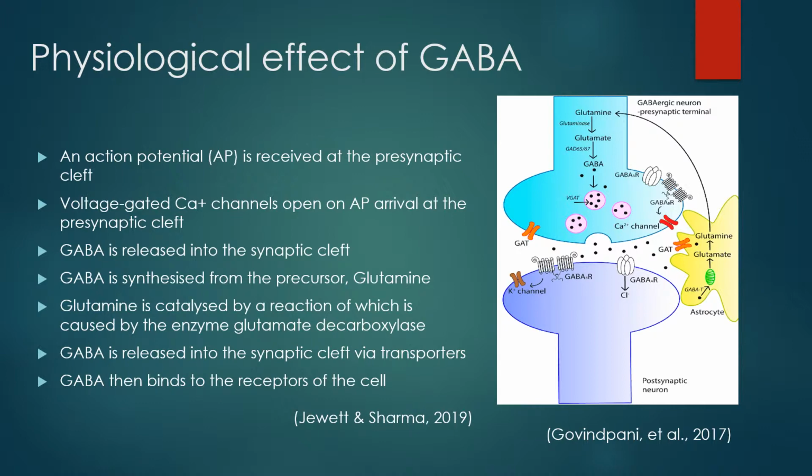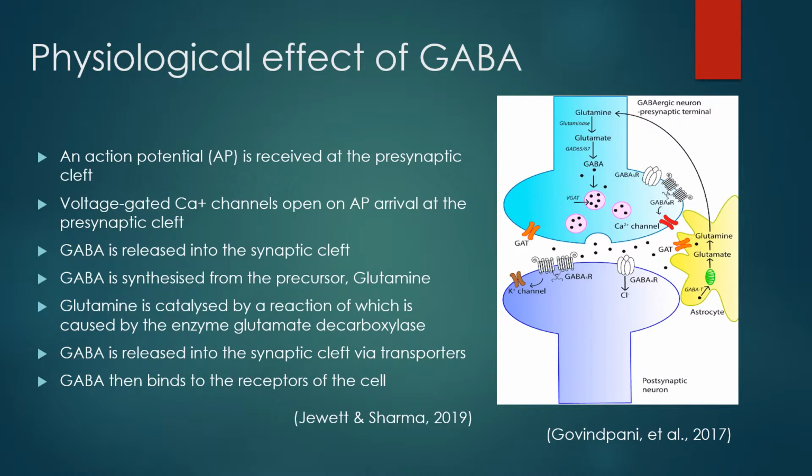Glutamine is catalyzed by the reaction of which is caused by the enzyme glutamate decarboxylase. So, this action potential opens the voltage-gated calcium channels once it arrives at the presynaptic cleft, resulting in the synthesis and release of GABA into the synaptic cleft.